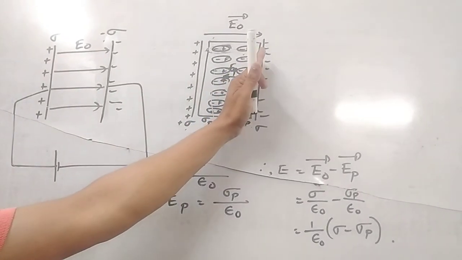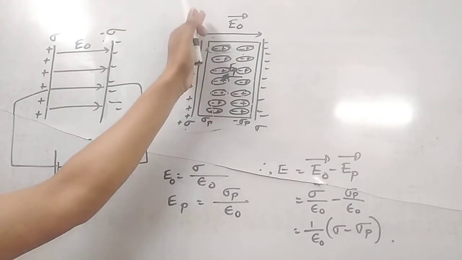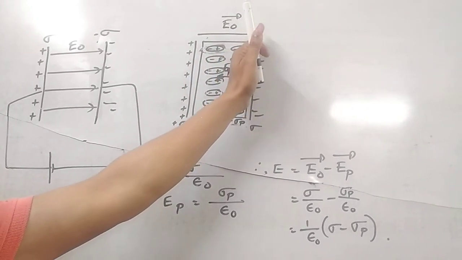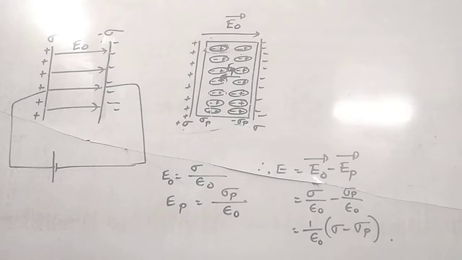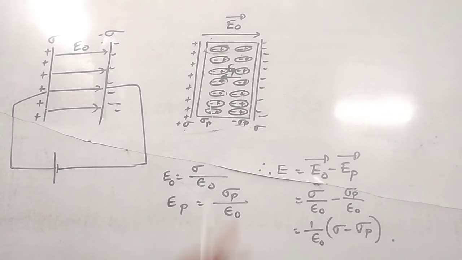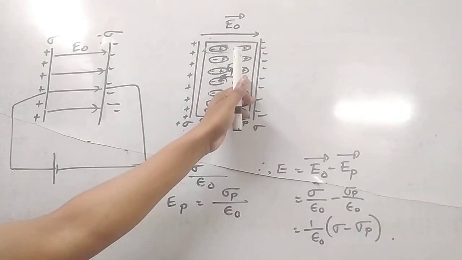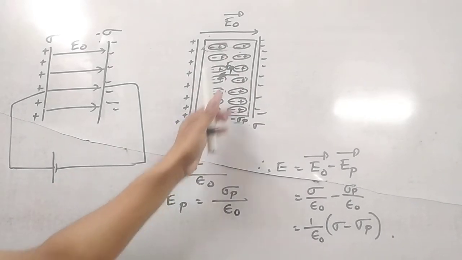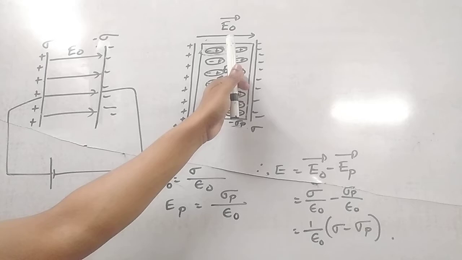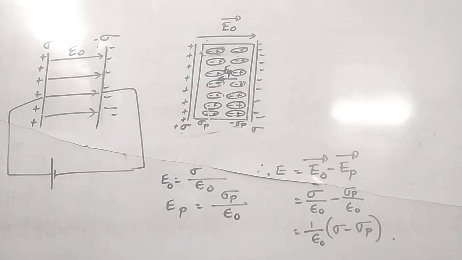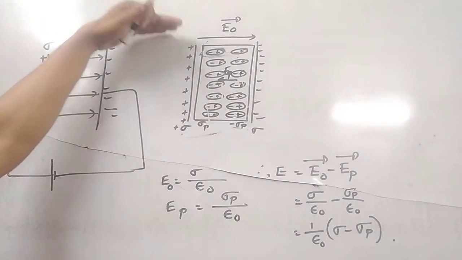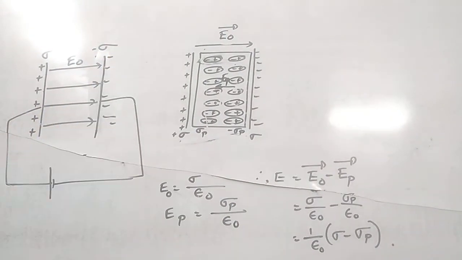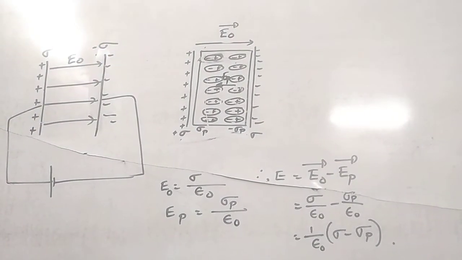All the negative charges will try to come towards the positive plate, and all the positive charges will go towards the negative plate. So what will happen here? These positive charges and these negative charges will create an electric field among themselves, and it is opposite to the direction of the applied electric field. Is it clear?